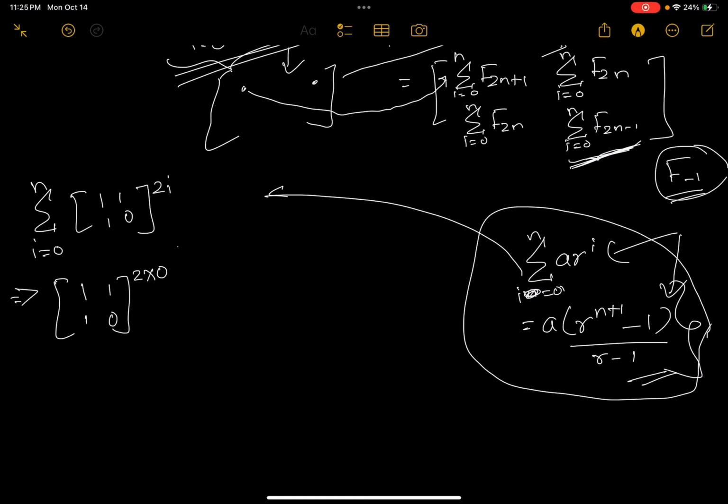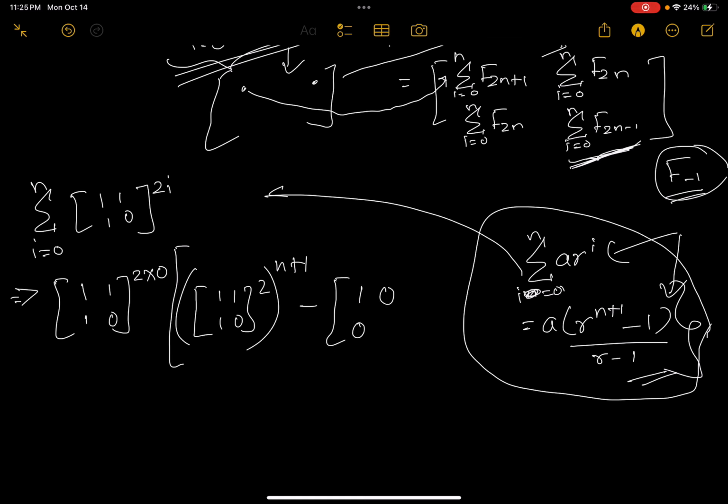This is our first term, a, and then r is just [[1, 1], [1, 0]] squared. This is r, and the number of terms is n plus 1, minus 1, and in matrices 1 is just the identity matrix, right? I can use the eraser, I guess.